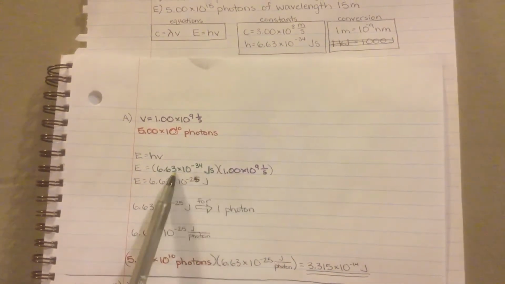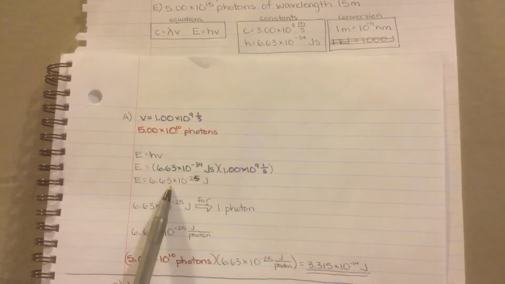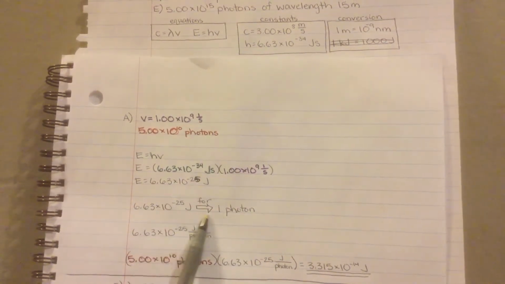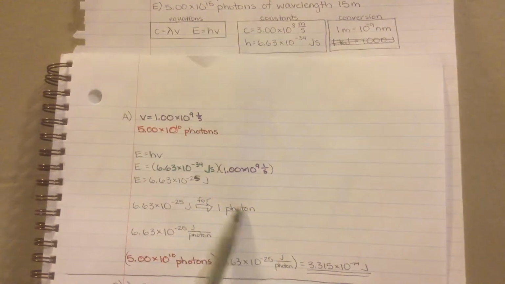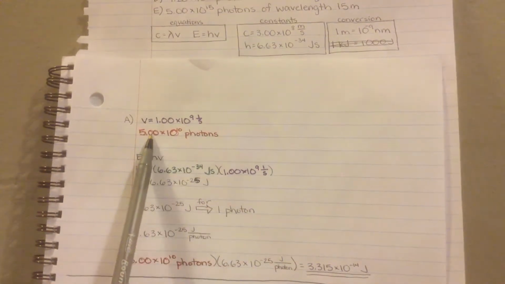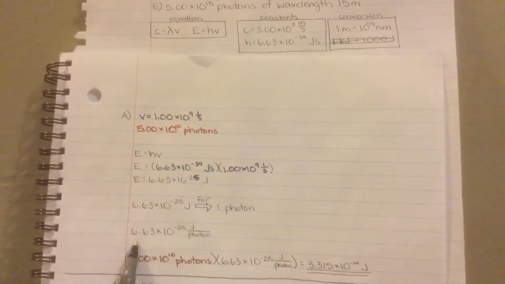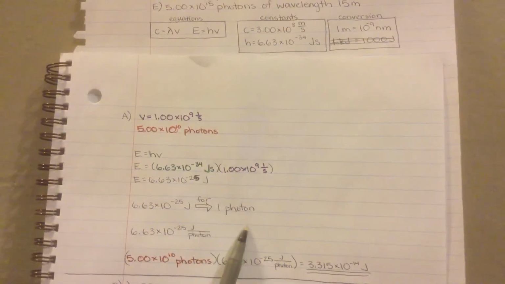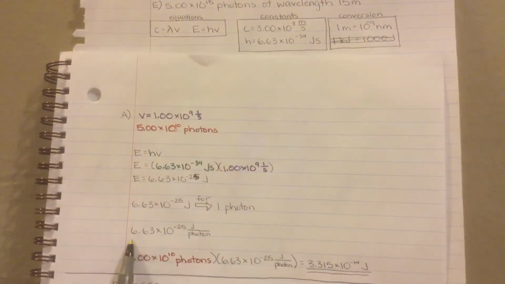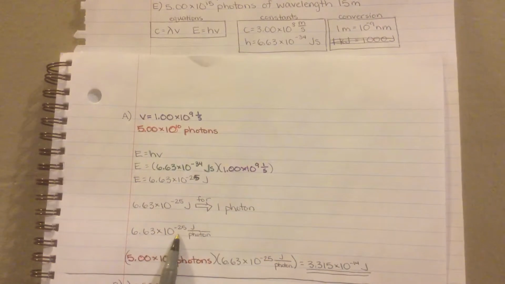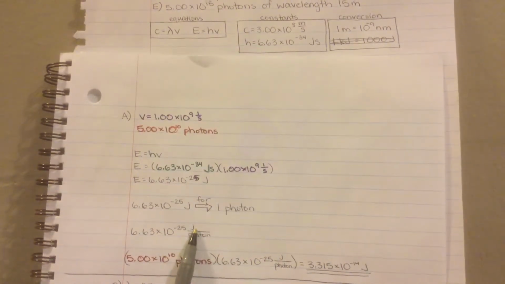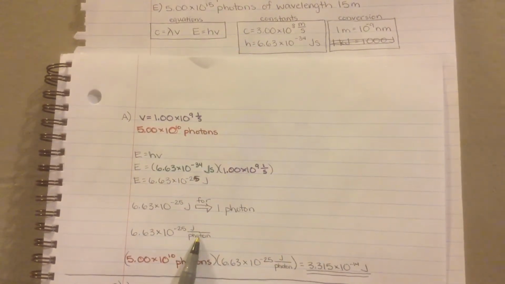All right, so you multiply those two and you get the energy. But the thing is, this is the energy for 1 photon, and we have many more photons. So if this is the energy for 1 photon, you can think of this as 6.63 times 10 to the negative 25 joules per photon.